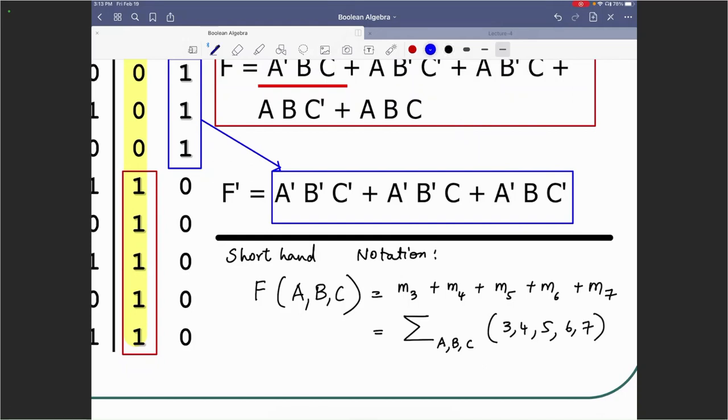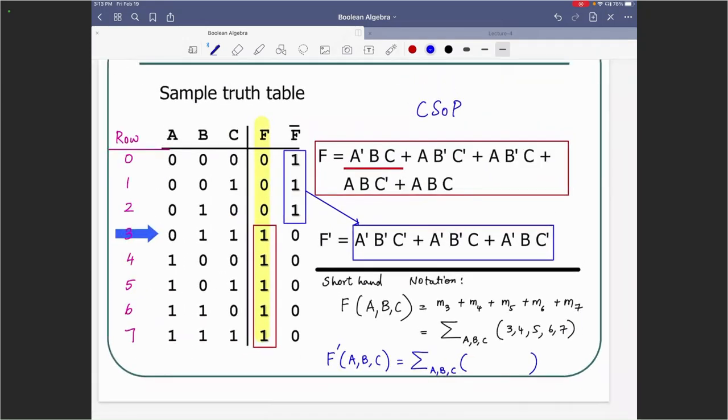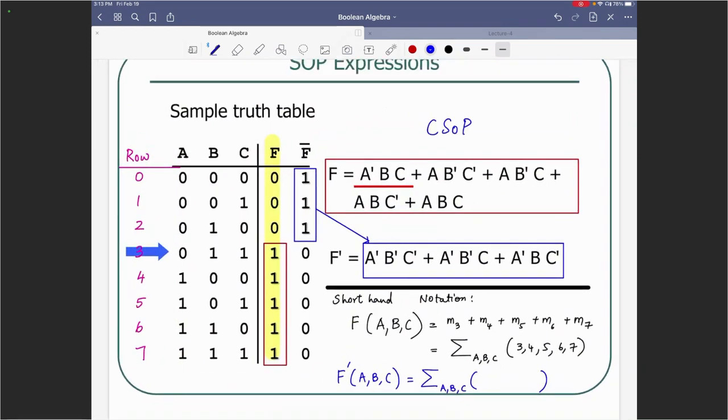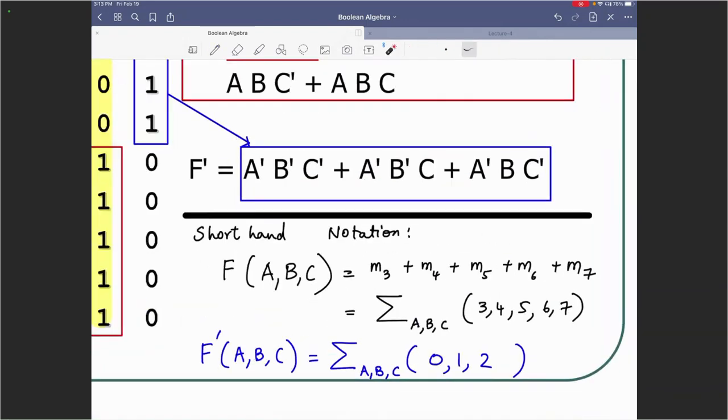And similarly, I could have done that for F complement. So F complement, can you guys tell me the shorthand notation for F complement? Zero, 1, and 2. Perfect. And now you can see these two are always going to be inverses of each other, right?